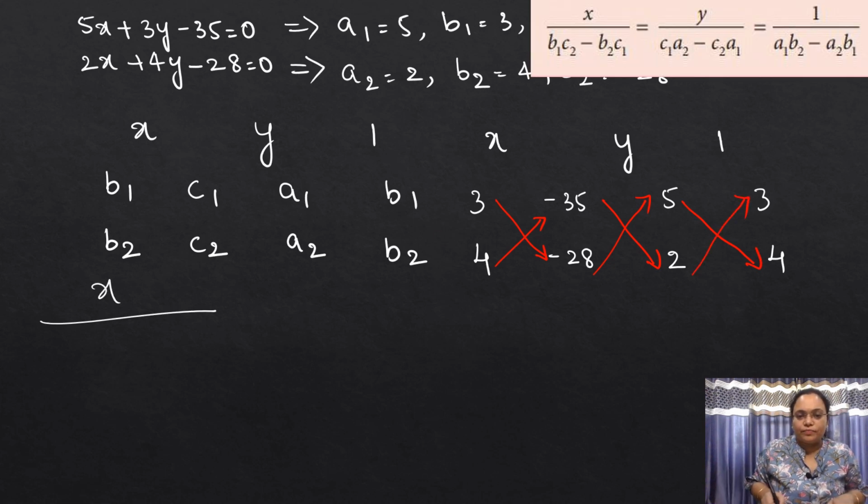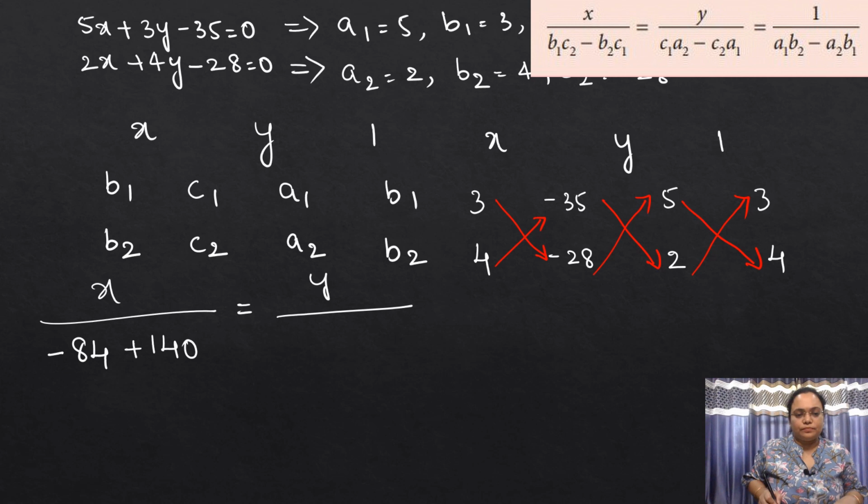x by, see, 3 into minus 28 minus 4 into minus 35. Okay, 4 into minus 35, which is plus 140, is equal to y divided by minus 35 into 2 is minus 70 plus 28 5s is 140.